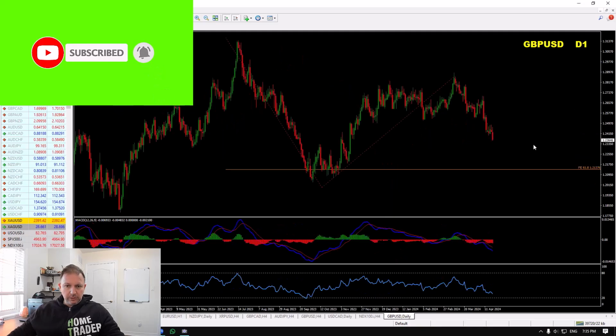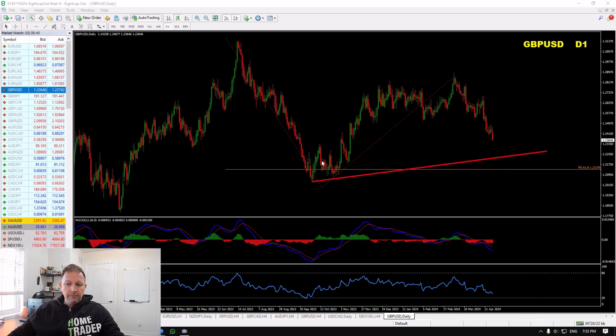If we take it down to the daily chart, here are several zones we need to pay attention to. First of all, if we connect the first two lows of this uptrend, we will see that the pound dollar has a significant rising supportive line that goes through these lows.